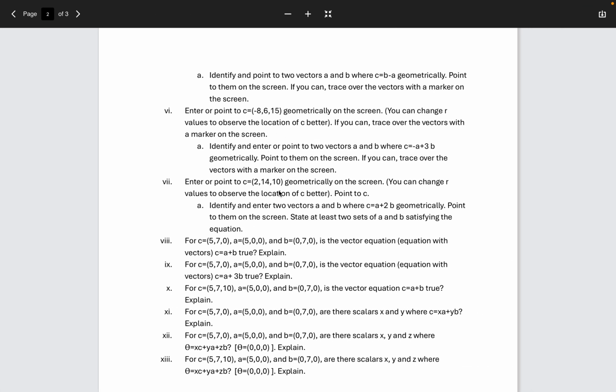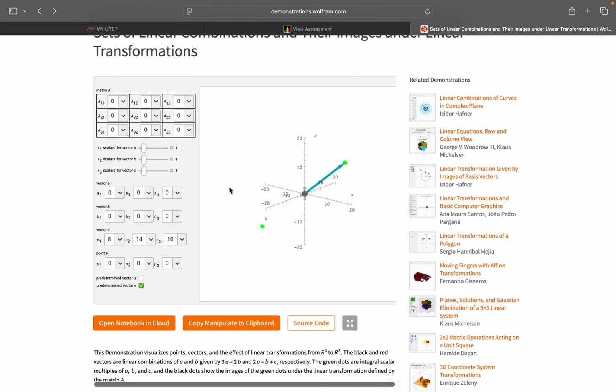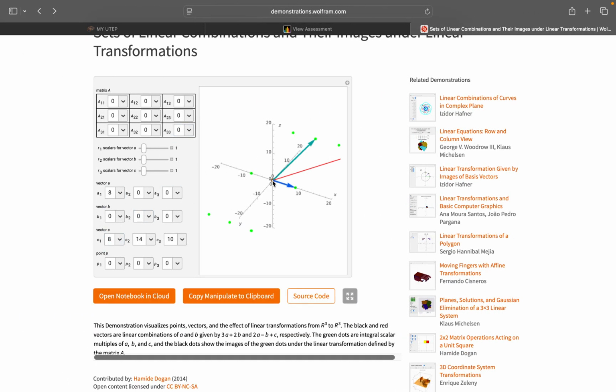Okay. So negative A plus 3B. Once we put in negative A, it would be 8 times a negative scalar, which instead of going 8 in this direction, would go 8 to this one, so over here.